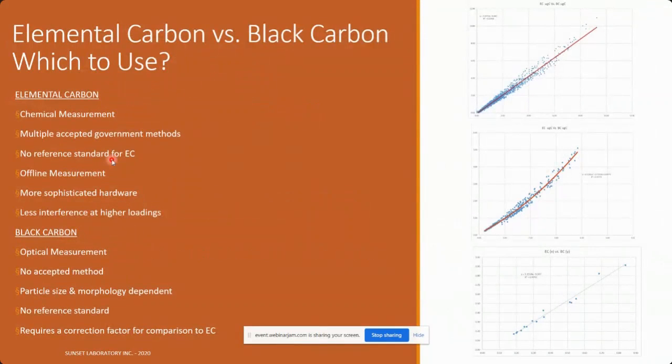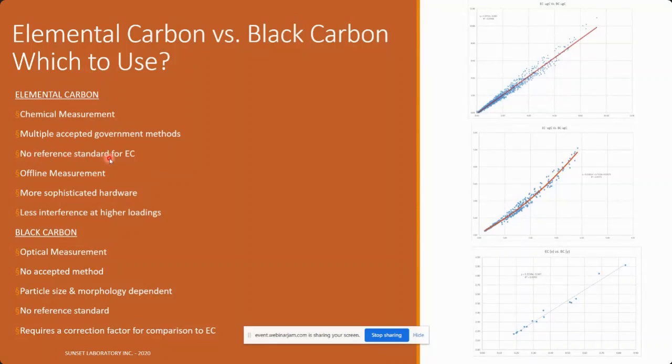Further to the conversation on elemental carbon versus black carbon, people wonder what to use. We feel that elemental carbon is typically the better overall measurement to make, because elemental carbon is a chemical measurement. We have accepted government methods that are standardized.